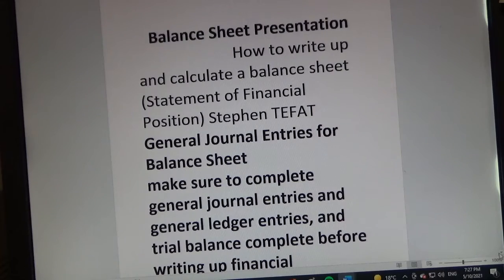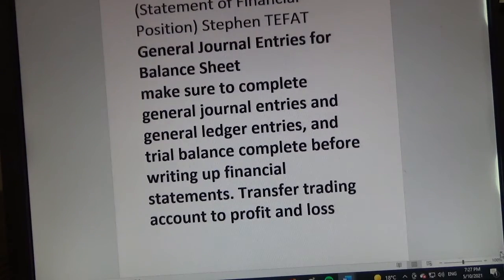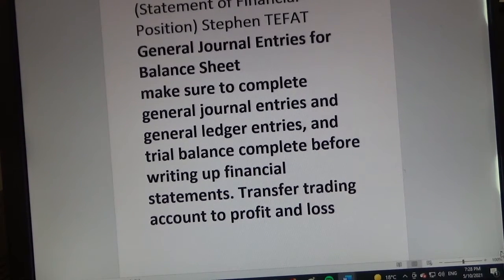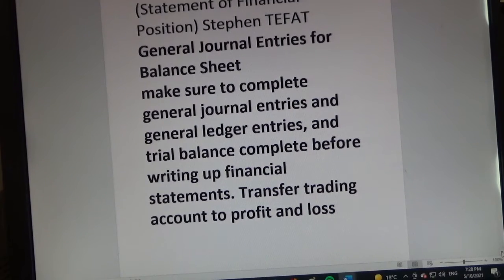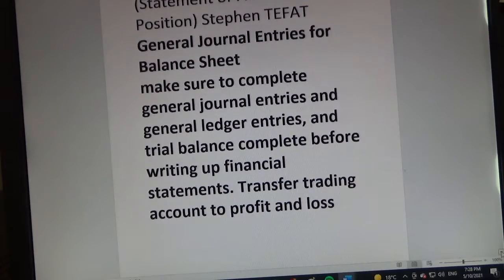Before the balance sheet is written up in manual bookkeeping, the trial balance has to be completed, with all the general journal entries and the general ledger entries, and the closing figures for the period posted to the balance sheet, just as they are for the profit and loss statement.